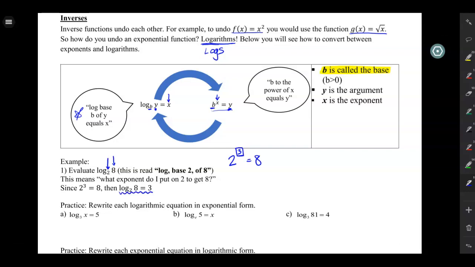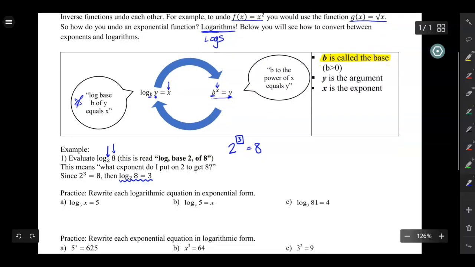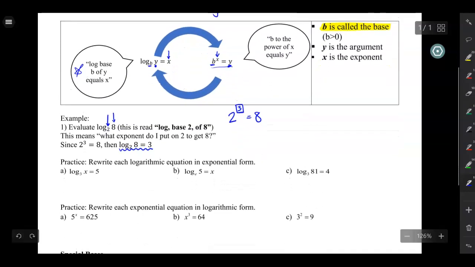So let's go ahead and do some practice of just rewriting and switching between logarithm form and exponential form. In this first set of examples, I'm giving you a bunch of logarithmic equations, and we're going to rewrite them as exponents. So I have log base 3 of x is equal to 5. So 3 is the base of my exponential equation. The 5 is the exponent, and it's equal to x.